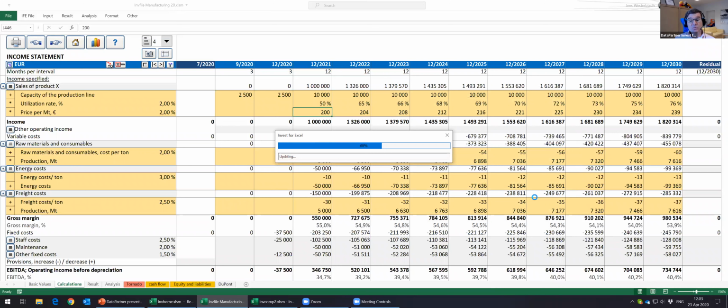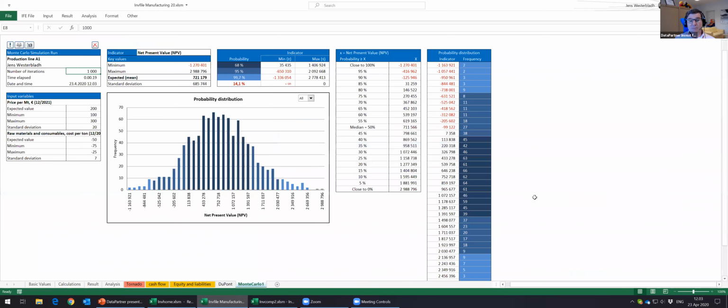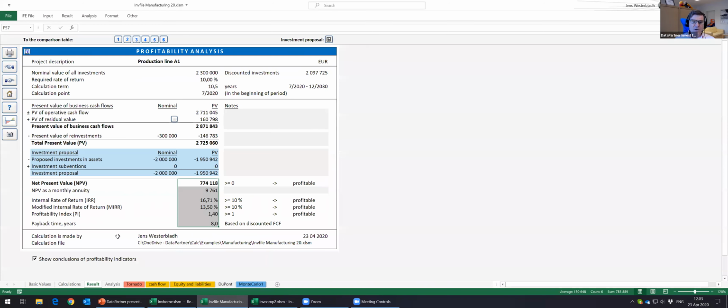So now it makes 1,000 calculations for me, changing both those variables, making random numbers with the minimum, maximum, and taking the standard deviation into account, and creates this report to us with the probability distribution of net present value. So now the beauty of this analysis is that we don't have just one calculated net present value of 774,000.